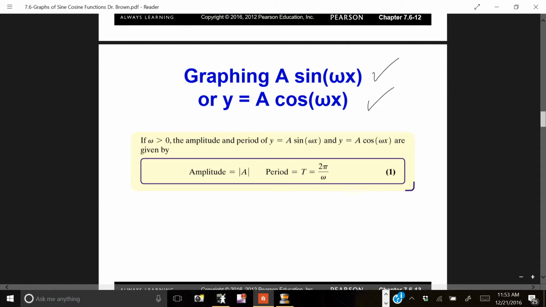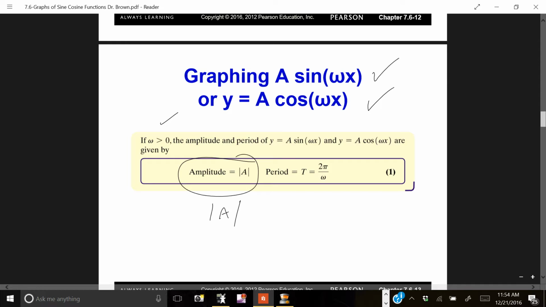If omega is more than 0, we call the amplitude of these functions the absolute value of a. And the period, notice the period is going to change depending on omega.